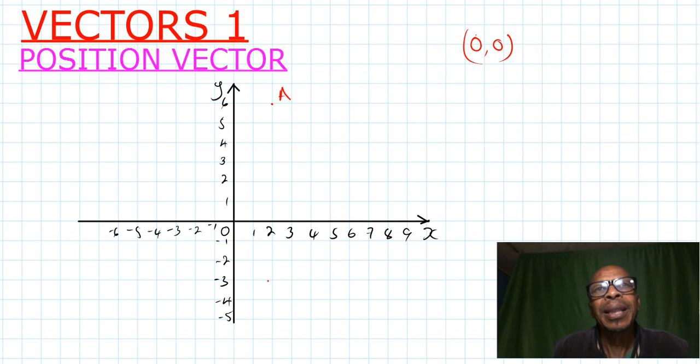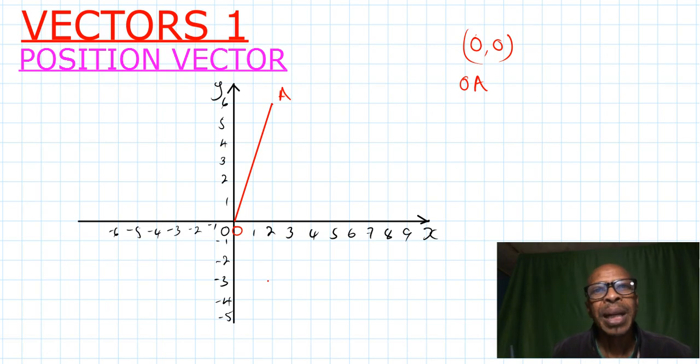That is where we have the 0, 0 coordinate. So if you draw a line and we join it to point A, then this vector, we call the starting point O. It is OA. This is a position vector.